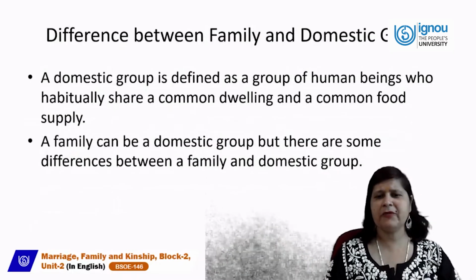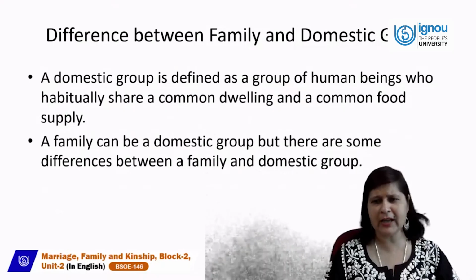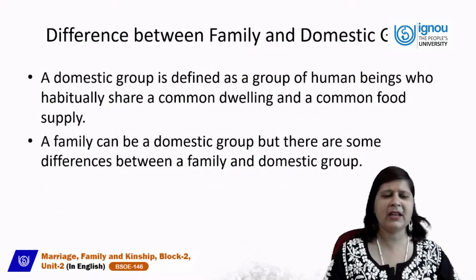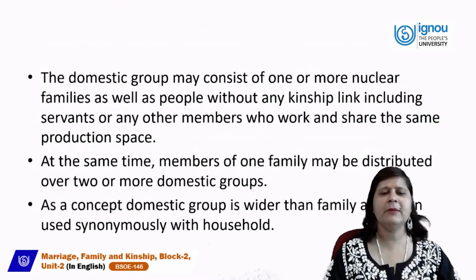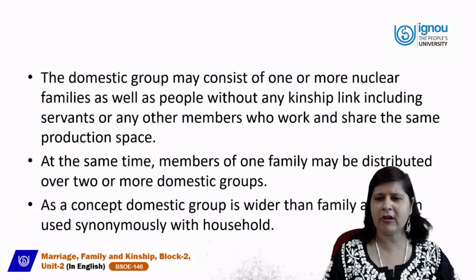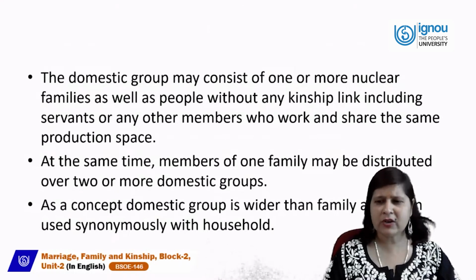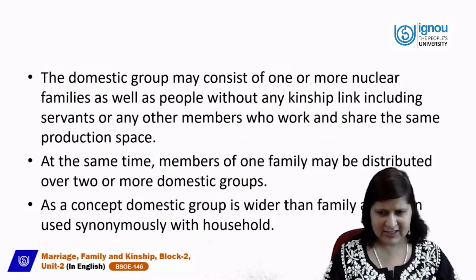Domestic group is defined as a group of human beings who habitually share a common dwelling and a common food supply. A family can be a domestic group, but there are some differences between the family and the domestic group. The domestic group may consist of one or more nuclear families, as well as people without kinship link, including the servant and other members who work and share the same production space.